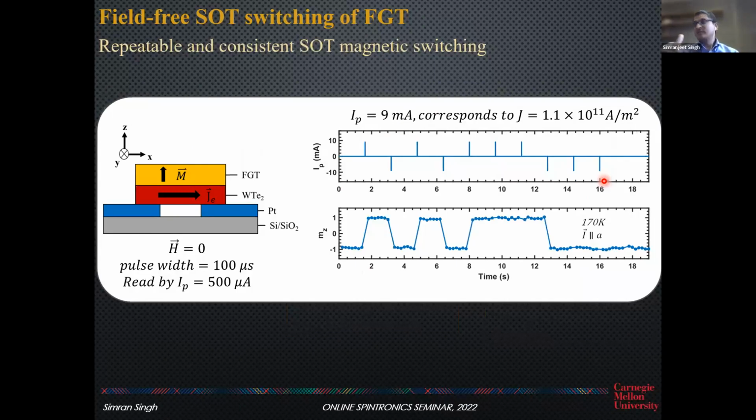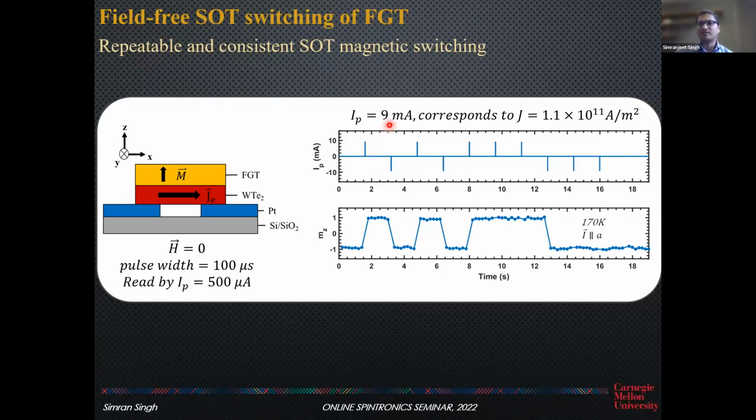Okay, so once we know, at a particular temperature for a particular sample, how much current is required to switch the magnetization, we can do repeatable and consistent SOT switching measurements where we send a pulse larger than the threshold charge current required.